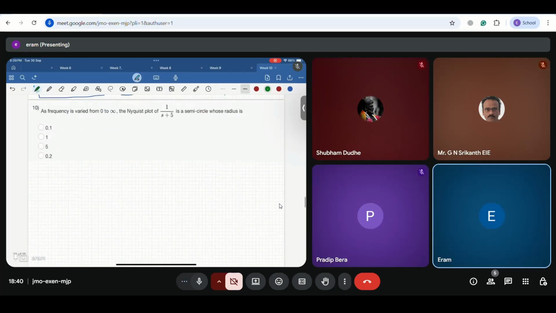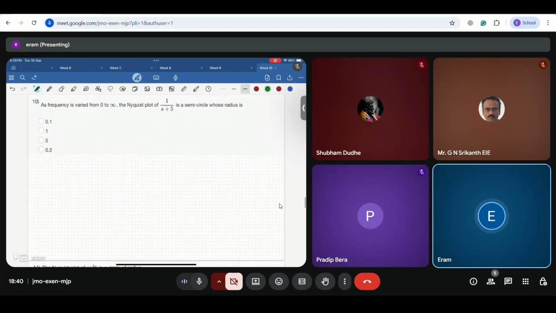Okay, now you are varying the frequency from 0 to infinity, like we have done in the previous problem for the same transfer function. What will be the radius of this semicircle?